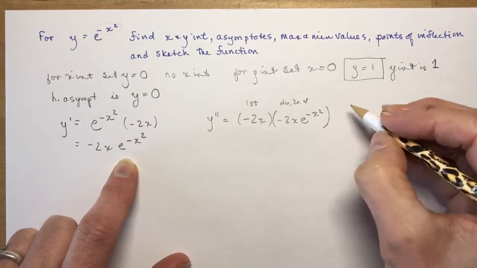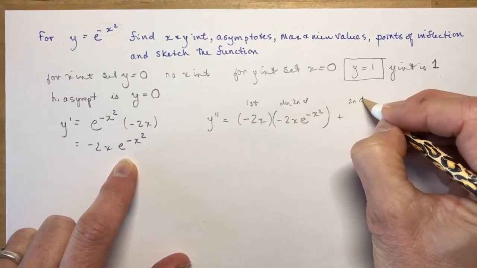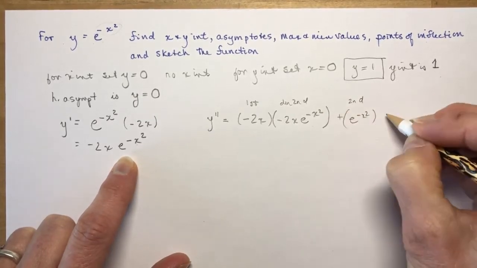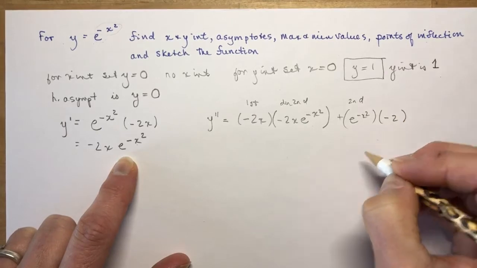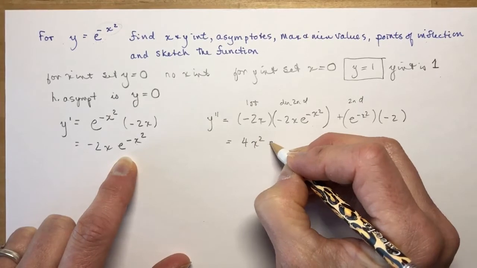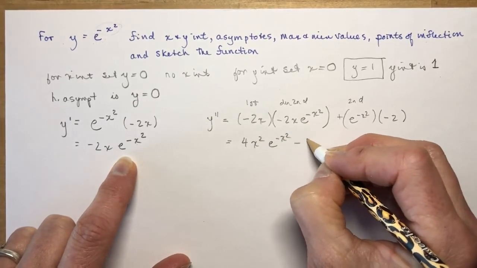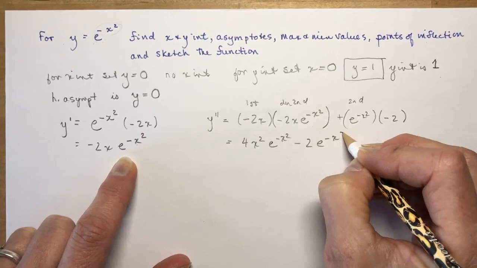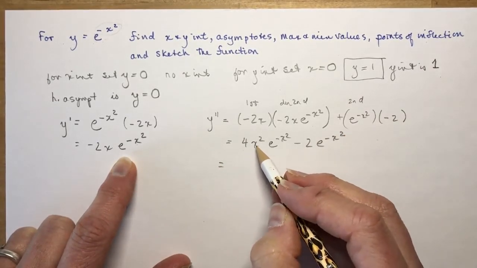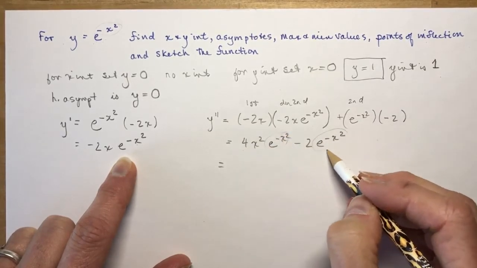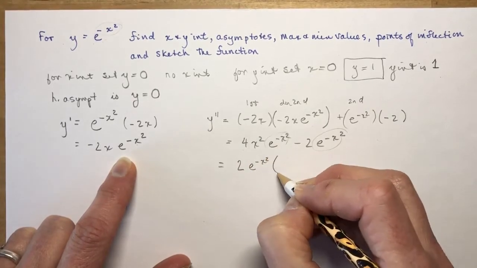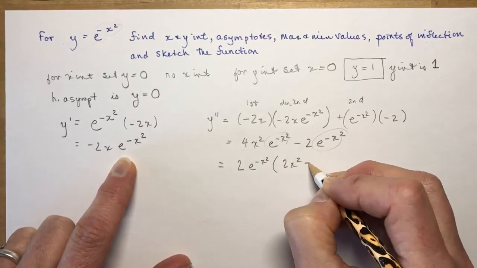Minus 2x e to the minus x squared, and the second, of course, was e to the minus x squared times the derivative of the first, which is minus 2. So if I expand that now, I would have 4x squared e to the negative x squared minus 2e to the minus x squared. And I'm going to take out a common factor here of e to the negative x squared and a 2. So 2e to the negative x squared. That's going to leave me with 2x squared minus 1.